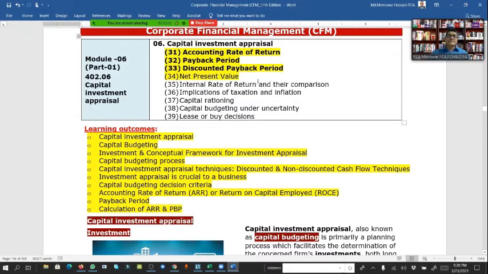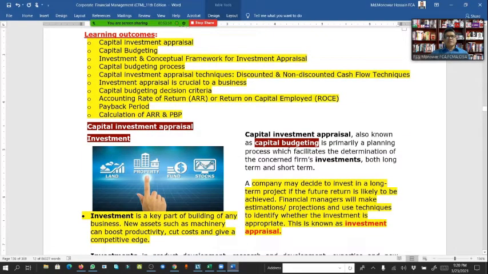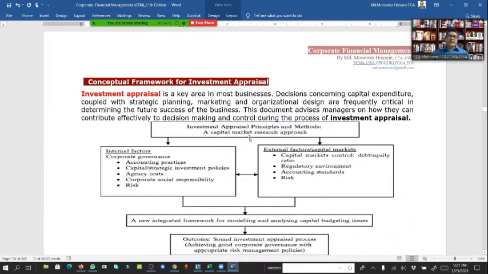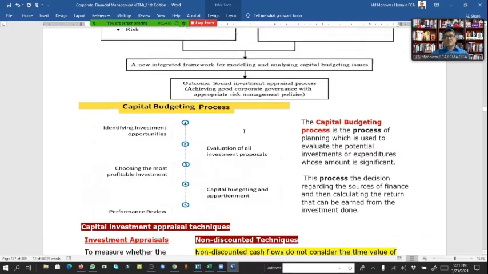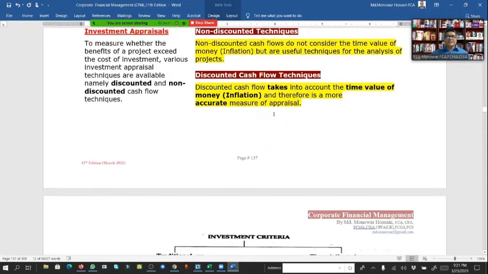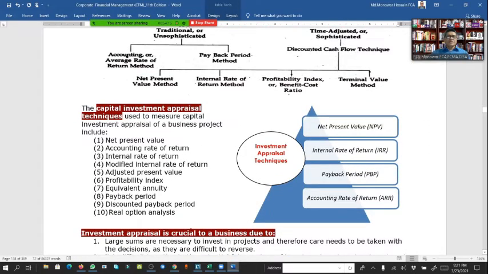So here we have discussed 3 items: accounting rate of return, payback period, and discounted payback period. We have seen what capital budgeting is very shortly, and we have seen the investment appraisal, the capital budgeting process, and also the non-discounted techniques and discounted techniques. Here everything is mentioned.